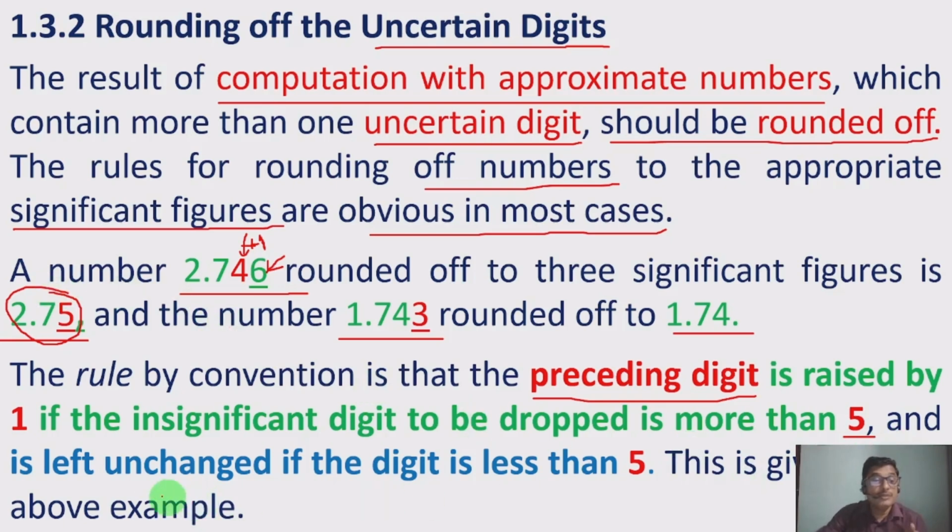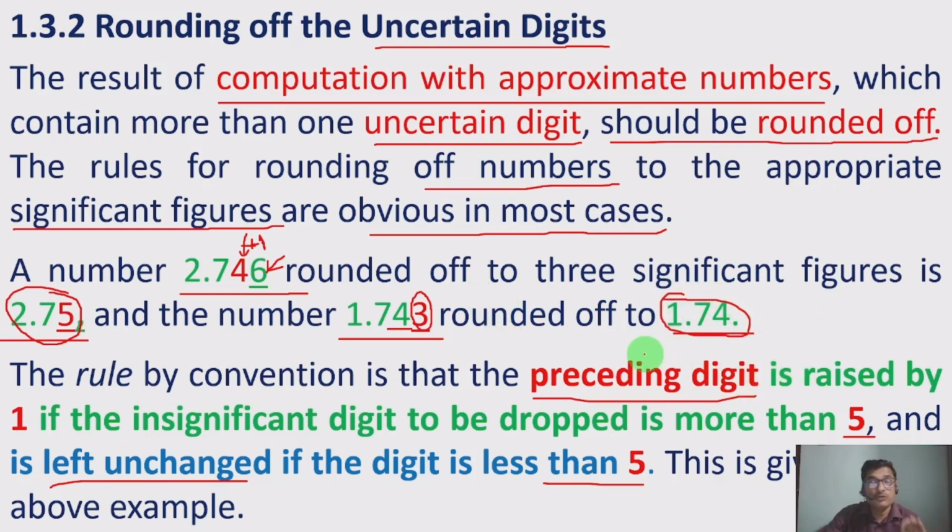And it is left unchanged if the digit is less than 5. Here the insignificant digit is less than 5, and the previous digit is left unchanged, and therefore it is rounded to 1.74.